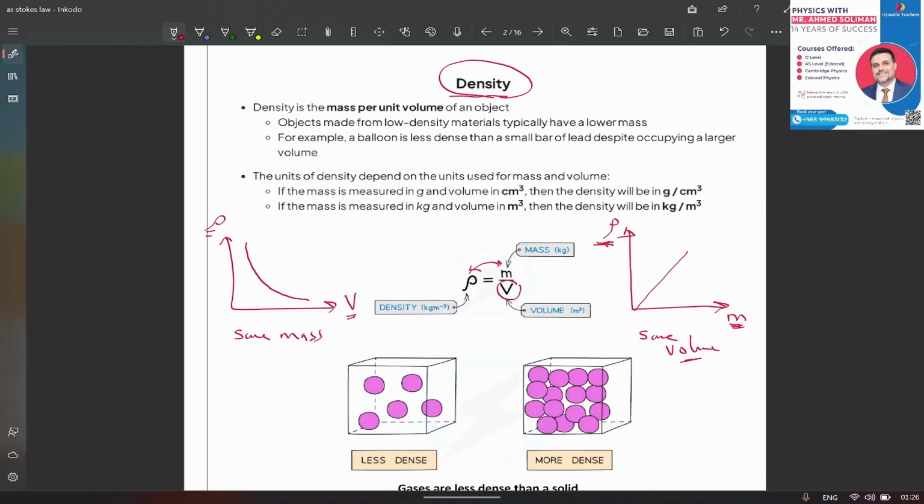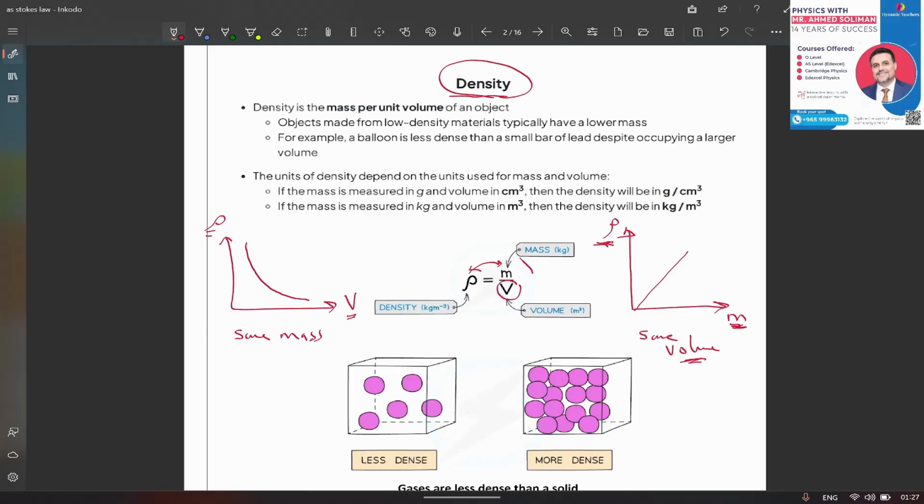How can we change the mass for the same volume? You need to change the material. So each material has its fixed density. Density is constant for the material. This is why to change the density of a material, you need to change the type of material.